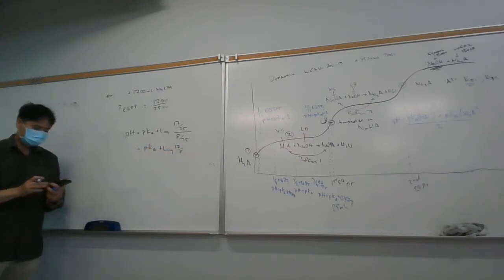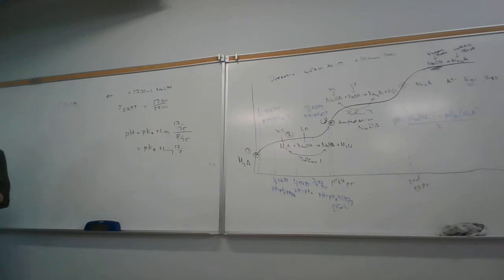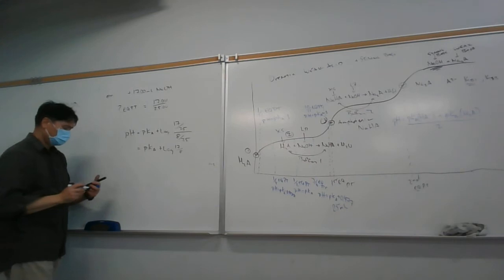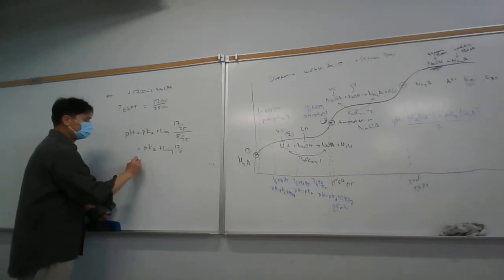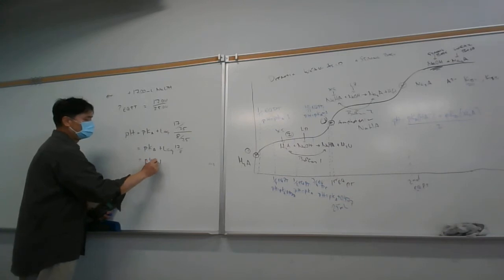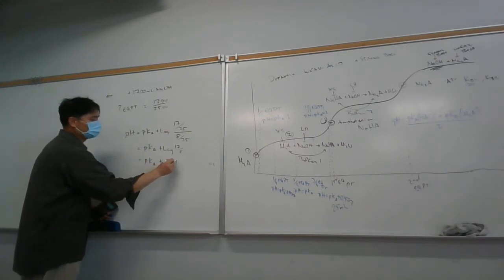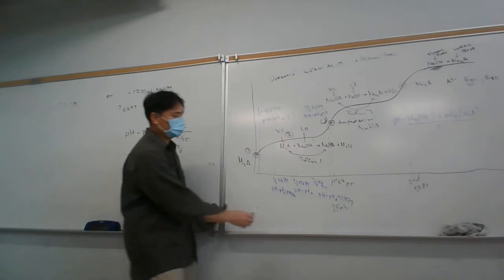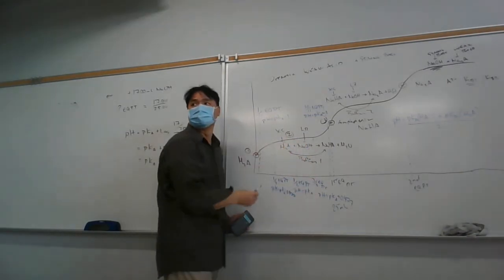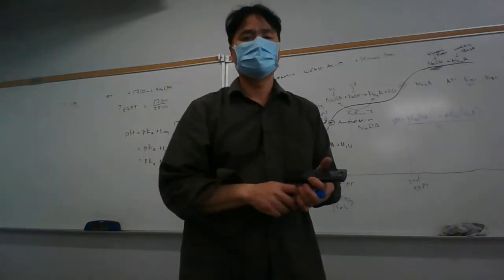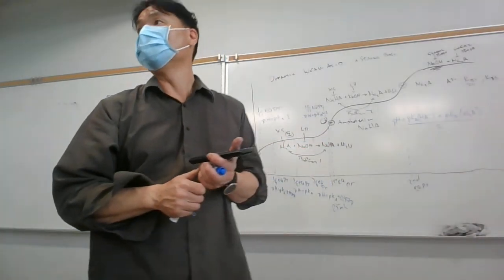So what is the log of 17/8? 0.327. So we're going to have the pKa plus 0.327. So we're just right here before the 3/4 equivalence point. Okay?